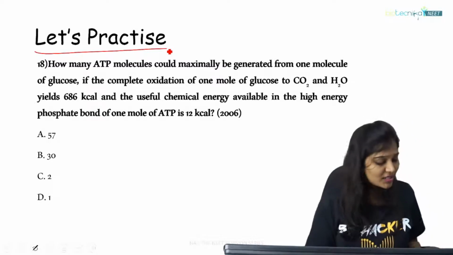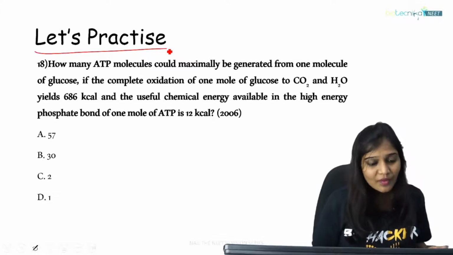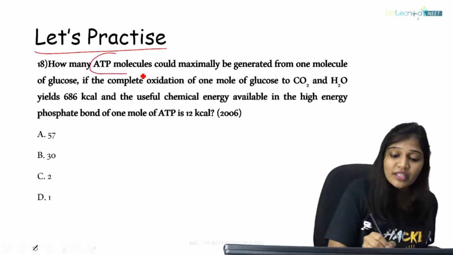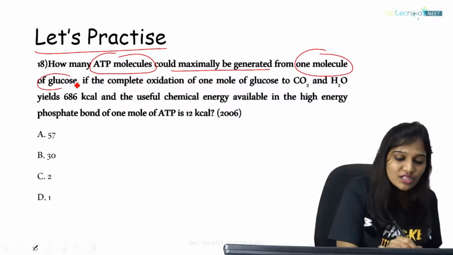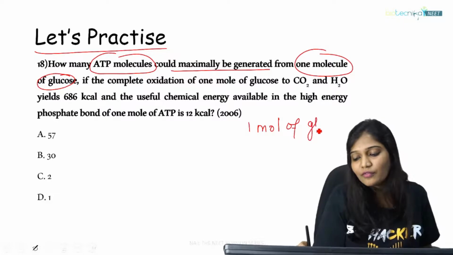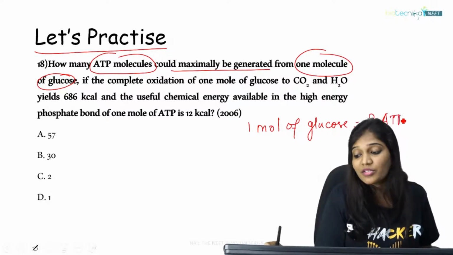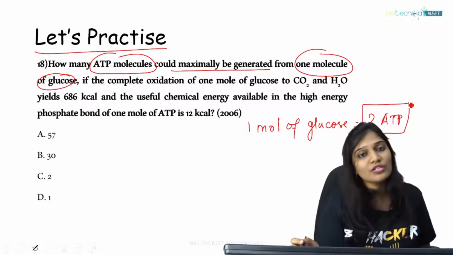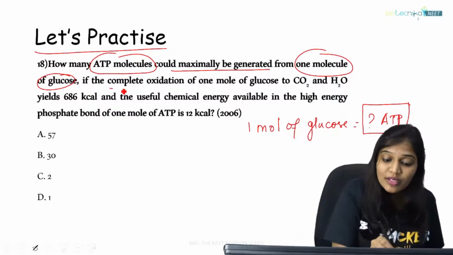Let's talk about a few more questions which will come for your examination. Just answer this question. How many ATP molecules could be generated from one molecule of glucose? Yes, we are talking about one molecule of glucose. One molecule of glucose is going to produce how many ATPs? But it is conditional. We know it's going to be 36, but here we are not referring to that because they're talking about complete oxidation.